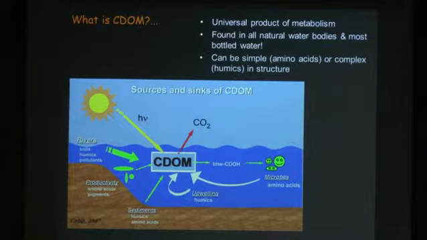The main sink of it is sunlight, and the major product of photo bleaching is carbon dioxide. So it can be a source of CO2 in coastal areas, just the photo bleaching part of it. Photobleaching or photooxidation does produce these low molecular weight carboxylic acids, which then make the microbes happy, and then they produce other CDOM that's a little bit different in character.